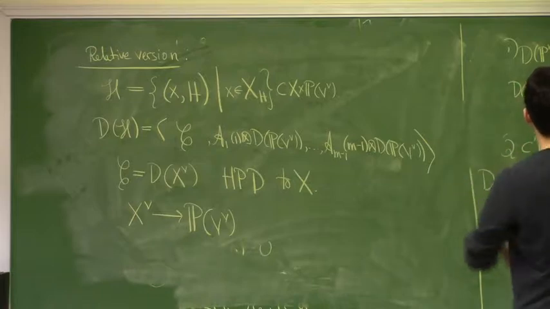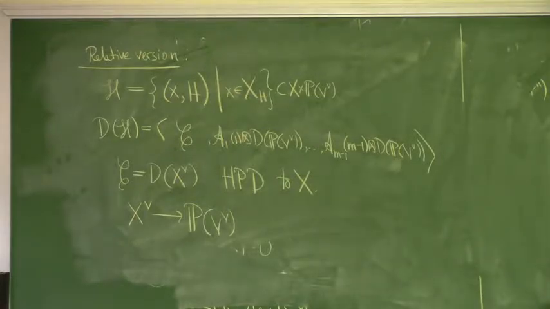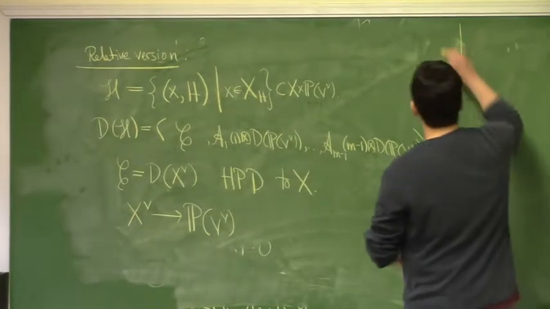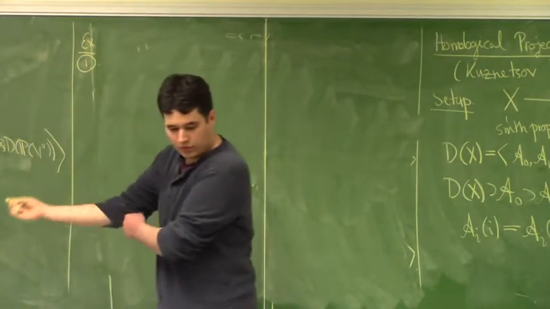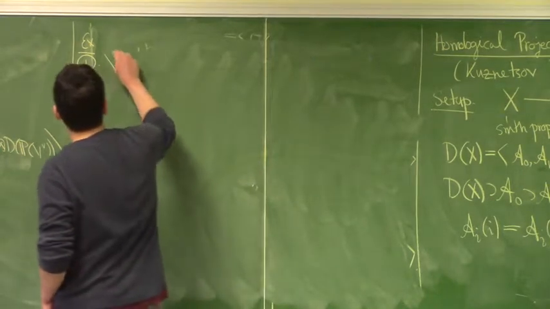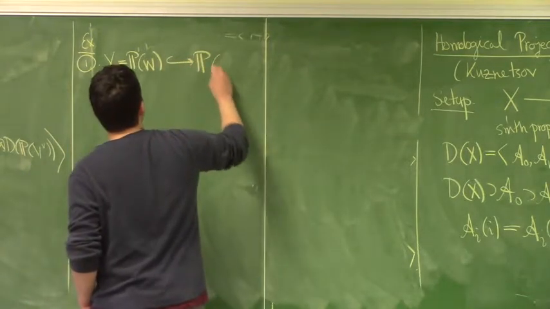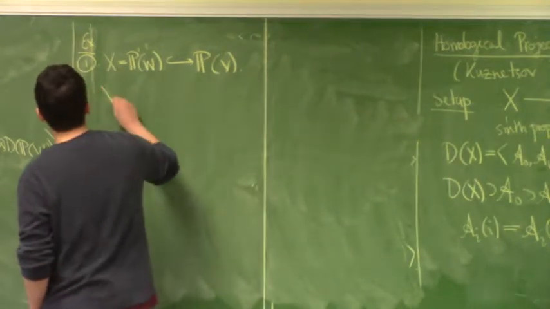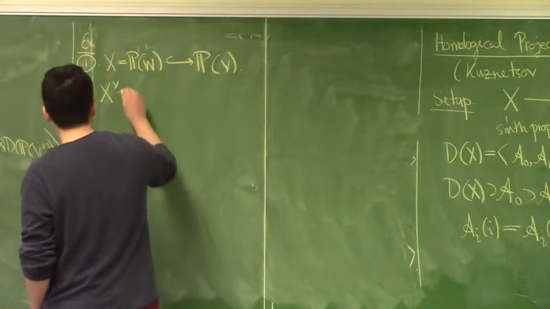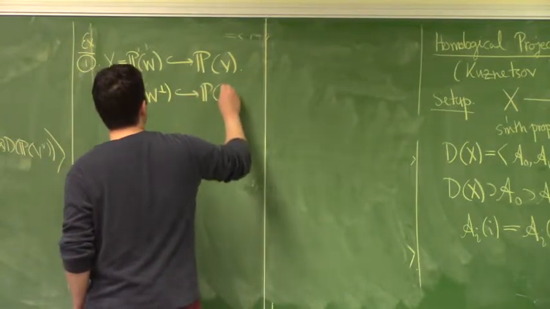So I'll actually go through these examples here more or less. Okay, so for the first example, let me just take X to be a linear subspace P of W inside of P of V. And it turns out in this case that the HPD is really the derived category of an actual variety, and that variety is just the orthogonal to W inside of P of V dual.